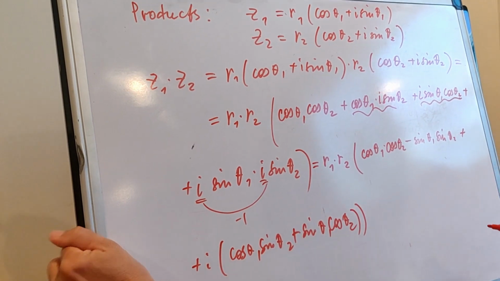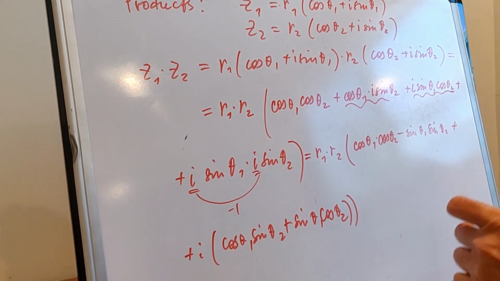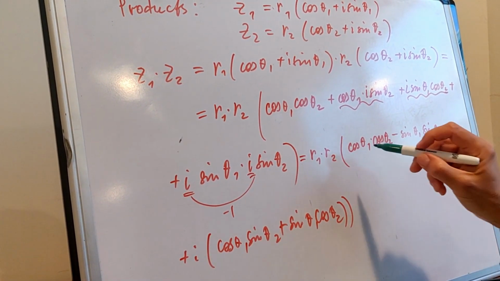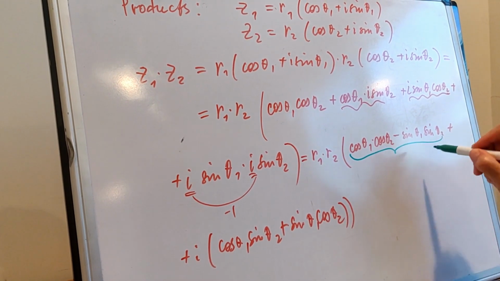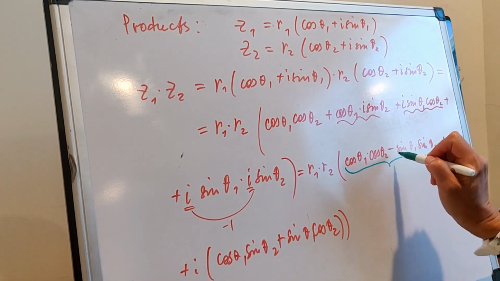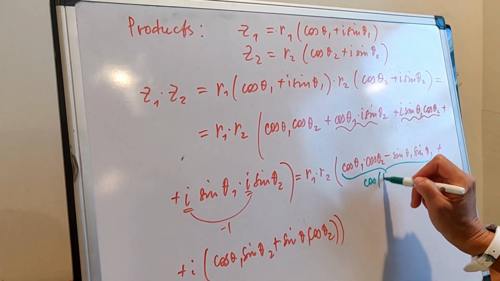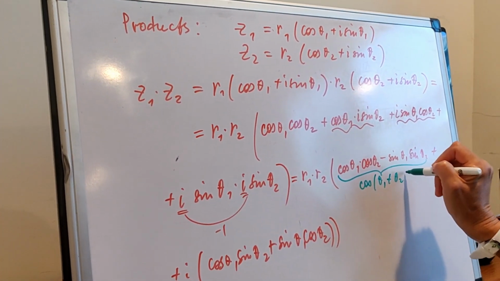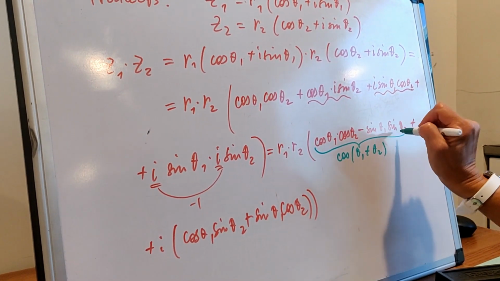Some people probably already remember the formulas which I'm planning to use here. Remember I was telling you, memorize one formula, and that formula for cosine of a sum. So this is a formula, right? The cosine of theta 1 plus theta 2. Cosine minus sine.